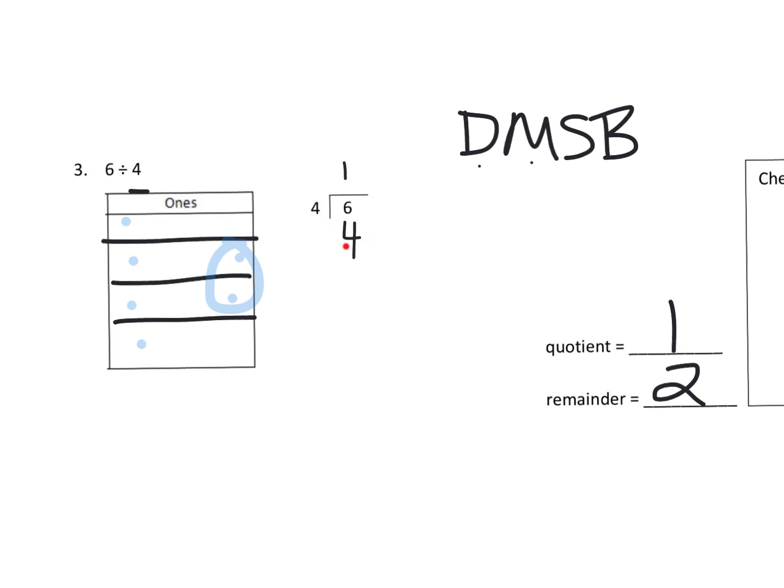And just to show you, this 4 represents these 4 dots right here. You used up 4 dots when you split these 6 into 4 groups. Next step is subtraction. You're going to take your 6 total dots, subtract the 4 you used, and that gives you your 2 remainders. So your quotient is 1 remainder 2, which matches right here.